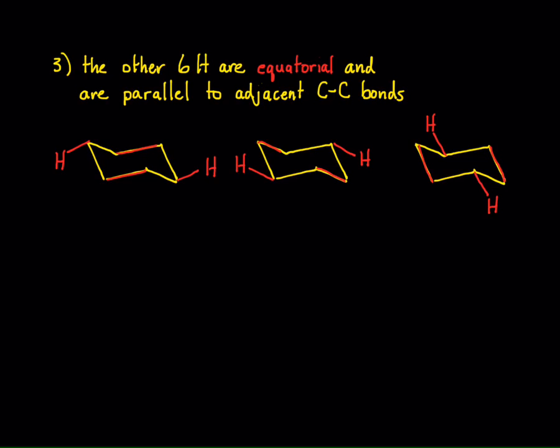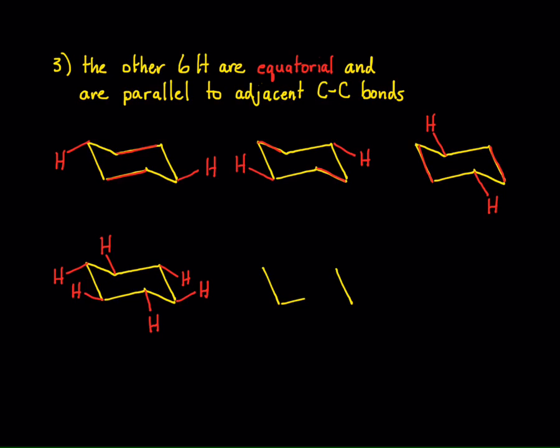So hopefully that makes it a little bit easier for you to see how the orientation of the equatorial hydrogens comes into play. And so now we can put all 6 of them together and it looks something like this. These are all equatorial hydrogens. They're all kind of coming out away from the ring itself. That's important to understand, okay?